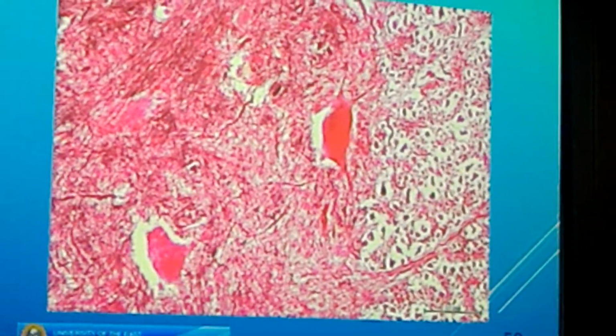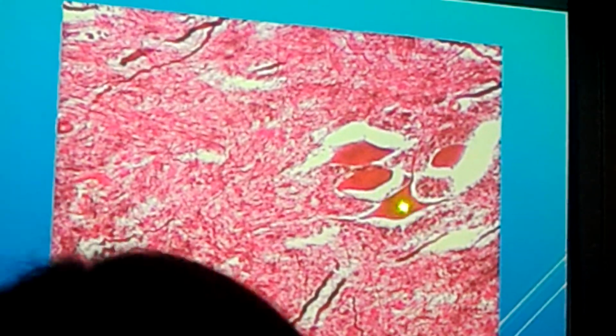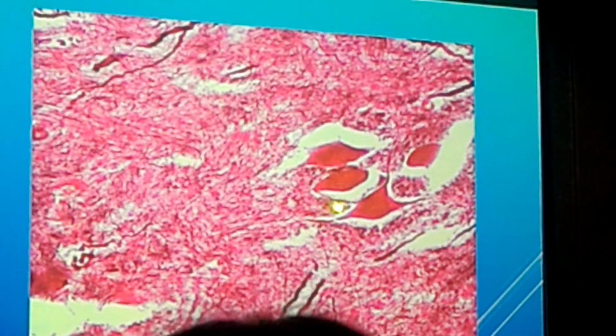Okay? According to size, Golgi type. According to shape, stellate. Okay? There is its nucleus, in the center. You can see the process. There. Type 1.